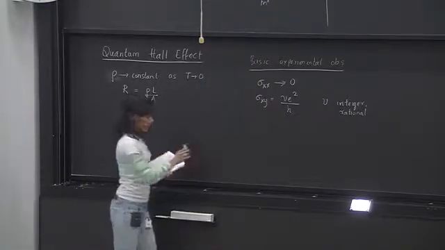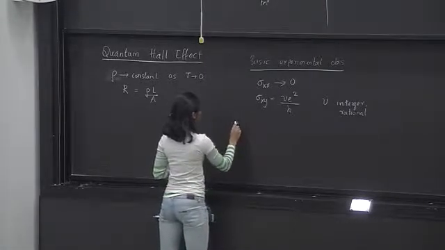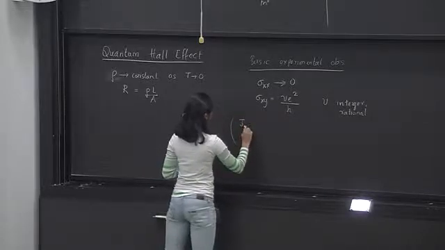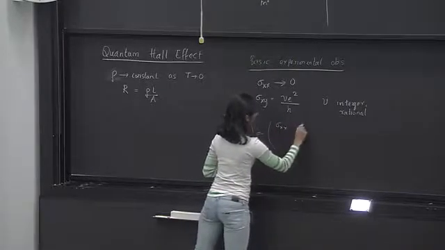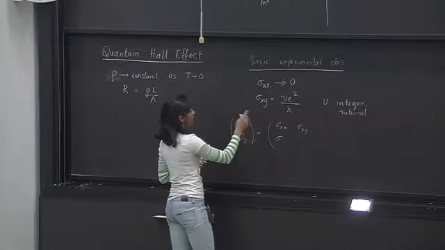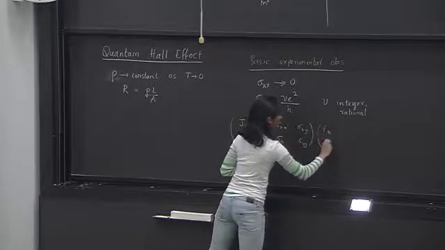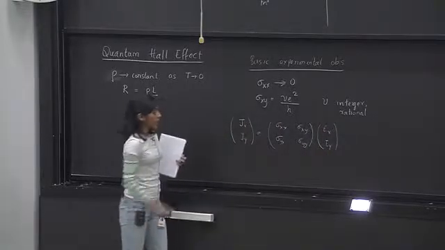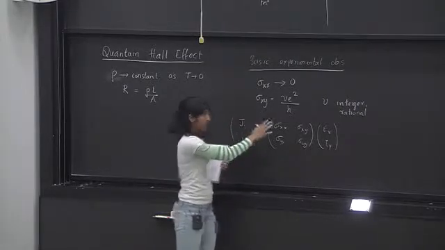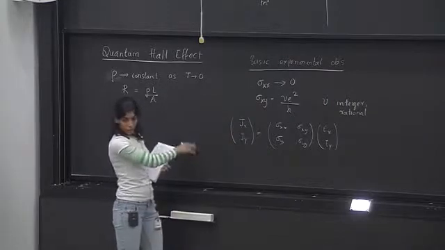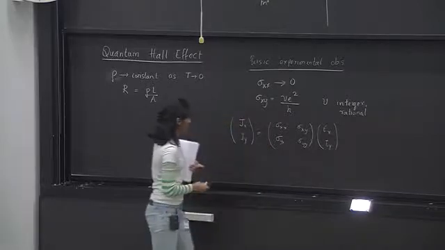Sigma here is conductivity. How is it defined? If you have current density Jx, Jy, the conductivity relates current to electric fields. And roughly speaking, it's the inverse of the resistivity, and it's related to the resistance. I will come back to these definitions in a little bit more detail, but let's get the phenomena first.